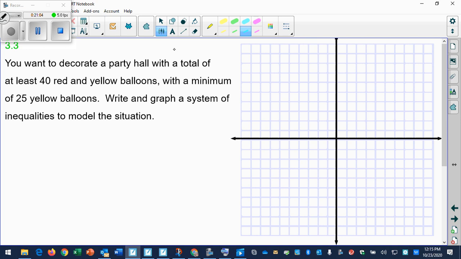So you want to decorate a party hall with a total of at least 40 red and yellow balloons, with a minimum of 25 yellow balloons. Write a graph system of inequalities to model the situation. Emma, do you want to give me an inequality that you might think we could use? Well, actually, just so you know, we're going to do red balloons is X, yellow balloons is Y. Okay? Yellow, Y, that works out.